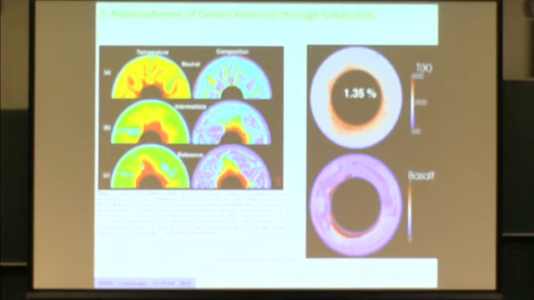And indeed, depending on the buoyancy ratio between your oceanic crust and the bulk mantle, you can make piles. You can even mix some of this oceanic crust with more primordial material.